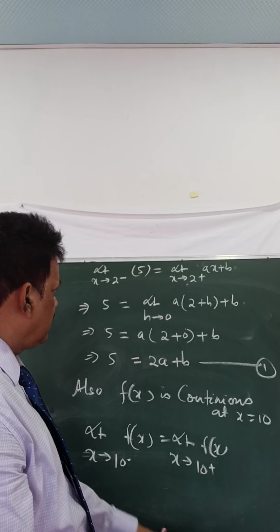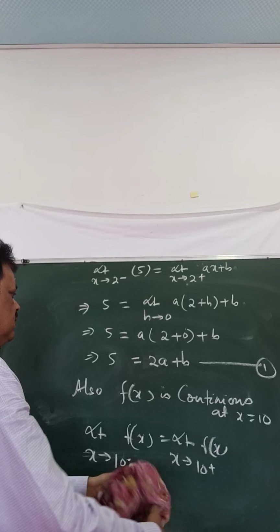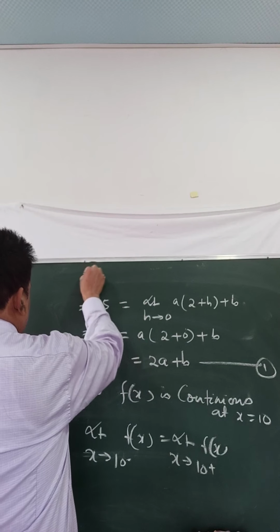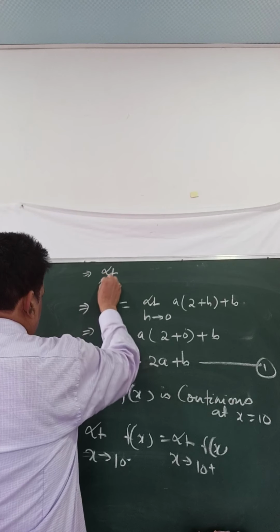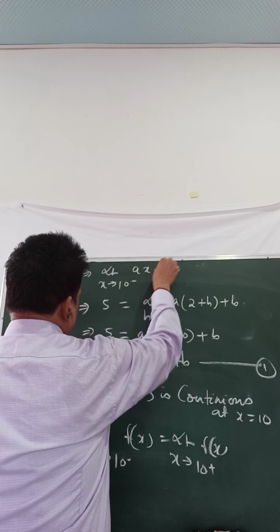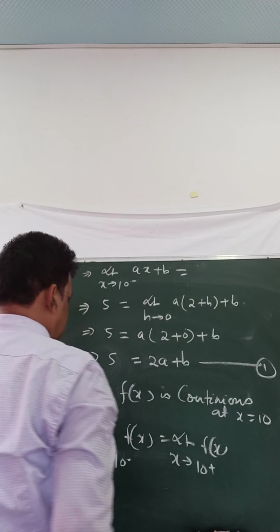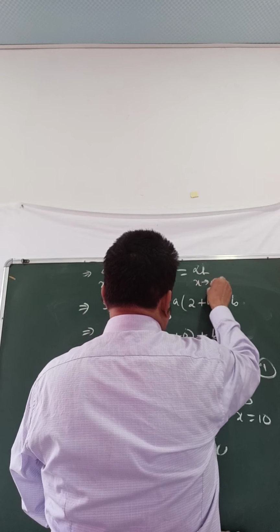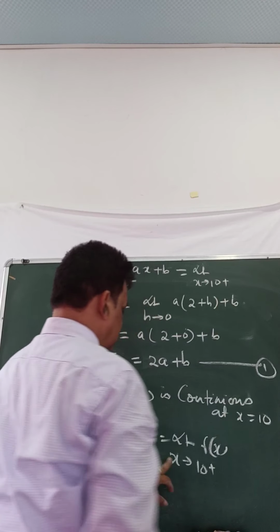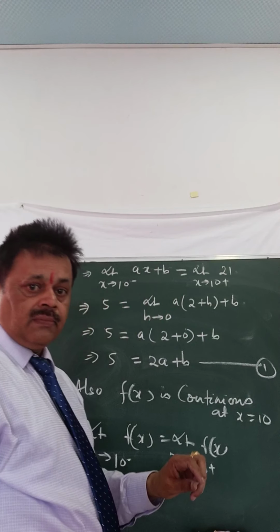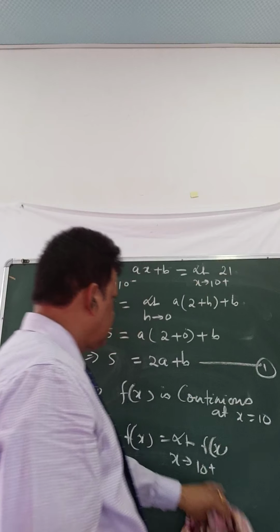So for less than 10, what is there? You can check there, it is ax plus b. This implies limit x tends to 10 minus, this will be ax plus b, which equals the right hand limit x tends to 10 plus. 10 plus means greater than 10, that is 21, given to us. So let's solve it.